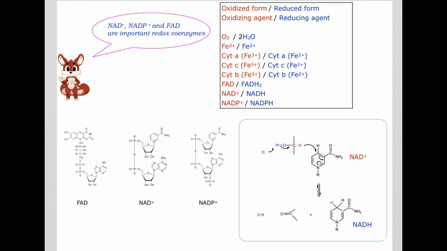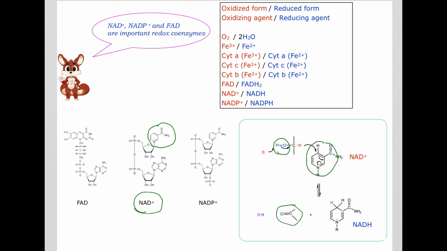For example, if we look at NAD, specifically at this ring here, which is what is drawn here, NAD is a coenzyme for several enzymes. And here you can see NAD is helping the enzyme oxidize the alcohol into a carbonyl group.